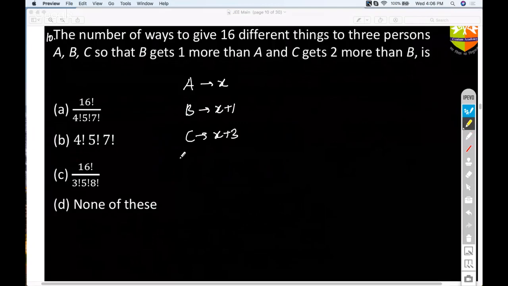Together there should be 16 items. So it's very obvious that 3x plus 4 should be 16. So 3x is 12, so x is 4. Right? So A gets 4 items, B gets 5 items, and C gets 7 items.